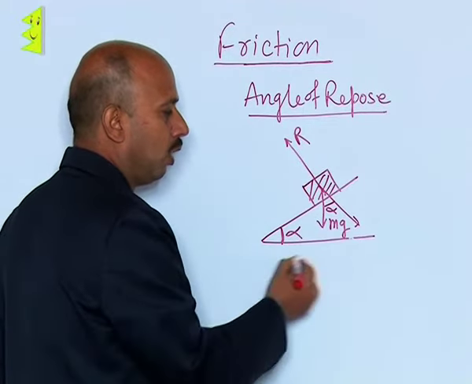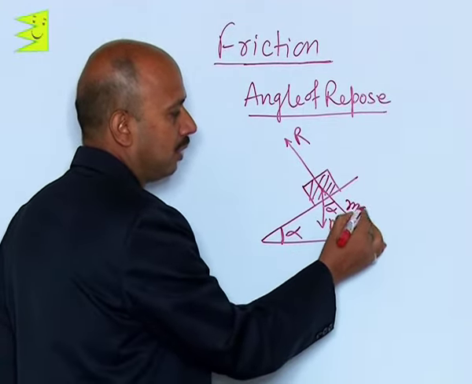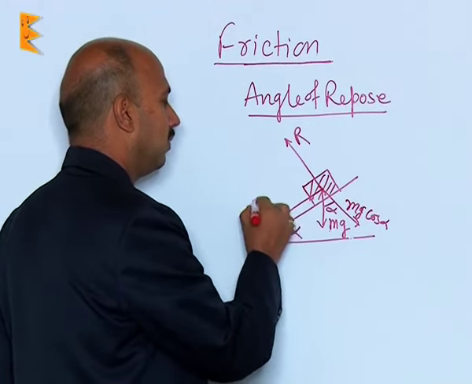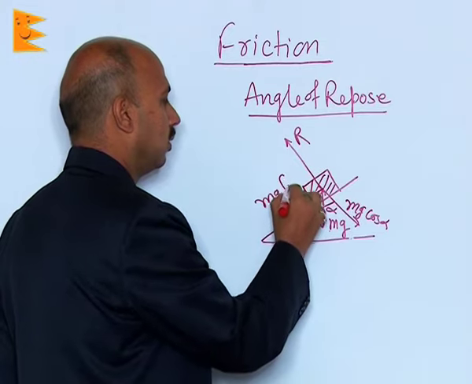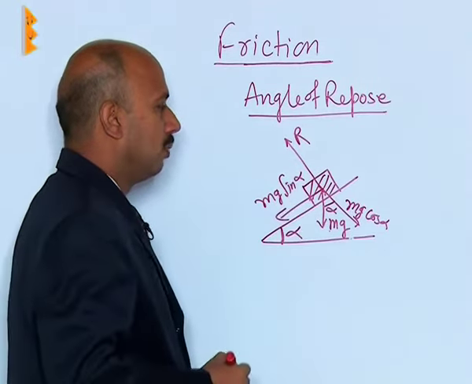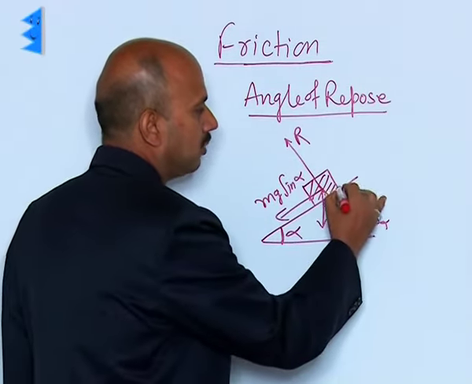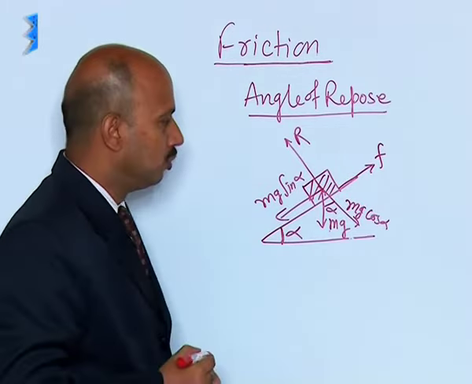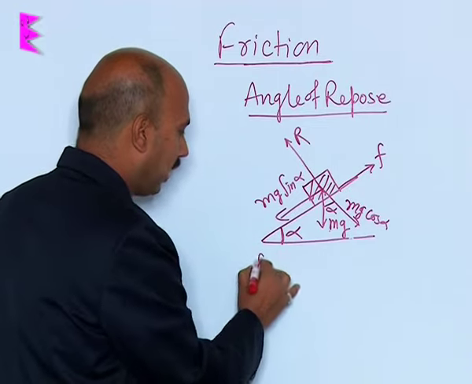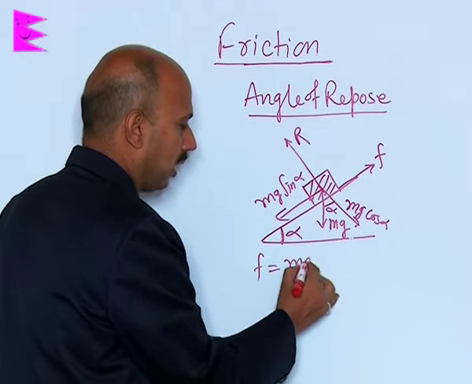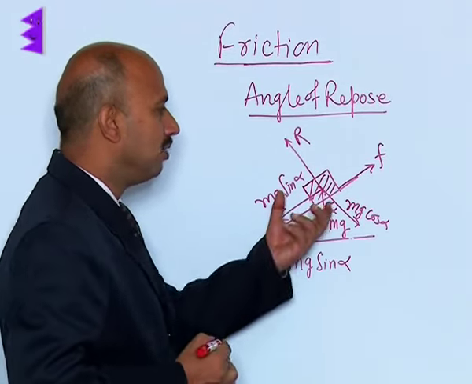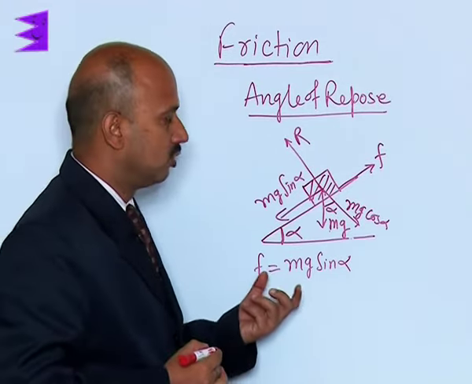We can take two components of mg, that is mg cos alpha and mg sin alpha to this side. Body is coming downward, so frictional force is acting upside, opposing the relative motion.